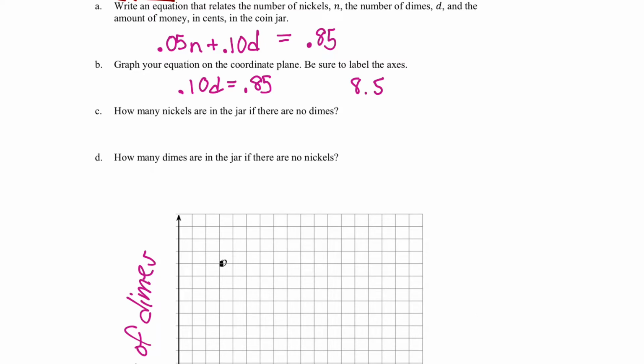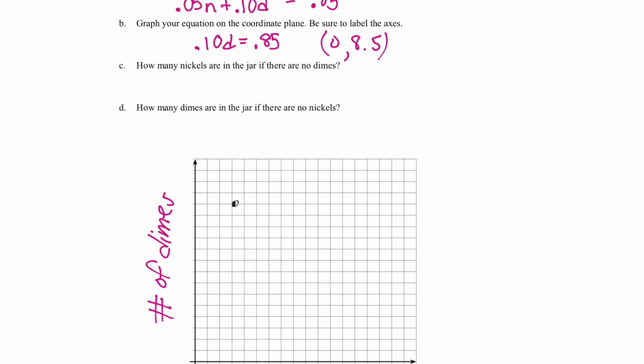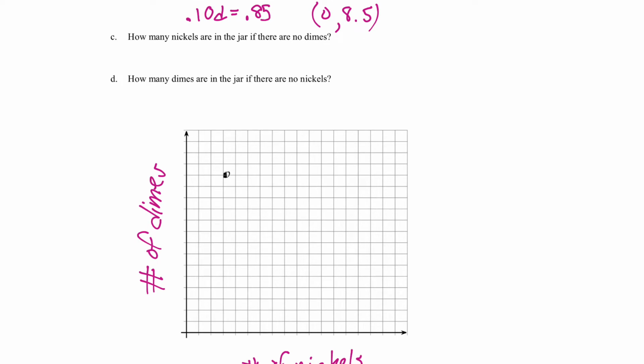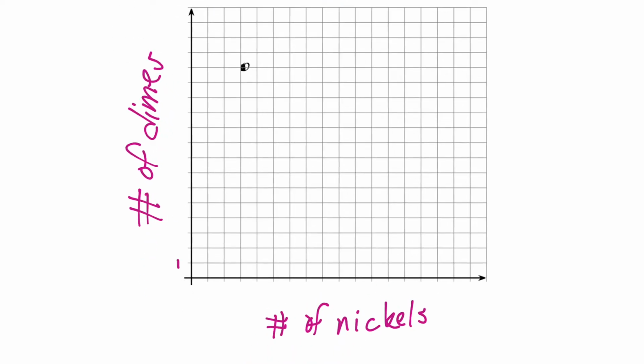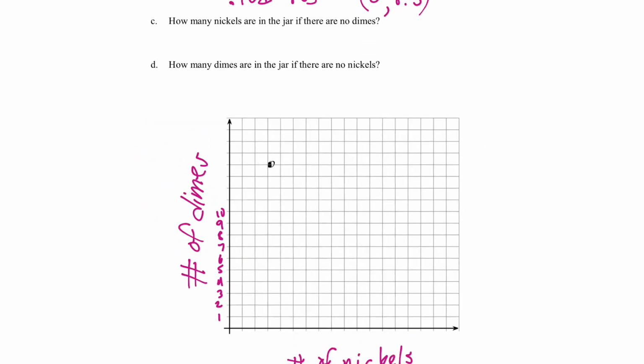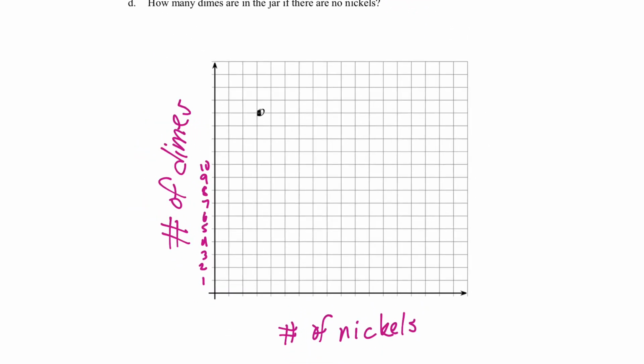So if we say that N is 0 as our x-axis, then that gives us 1 point that we can plot. So we can say 0, 8.5. I'm going to go ahead and also label my graph. All right, so we're saying 0, 8.5. That's 1 point.